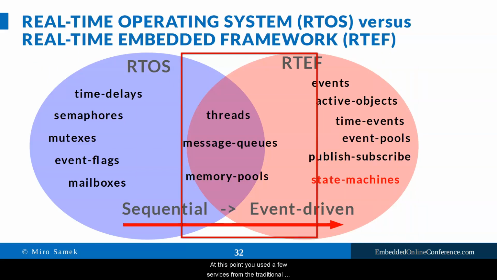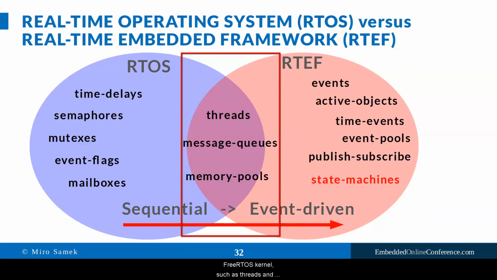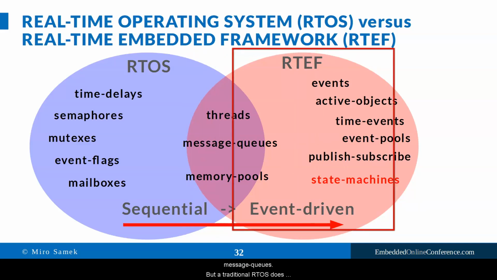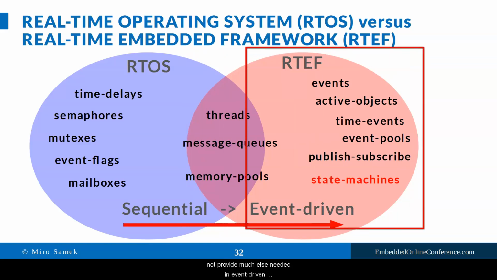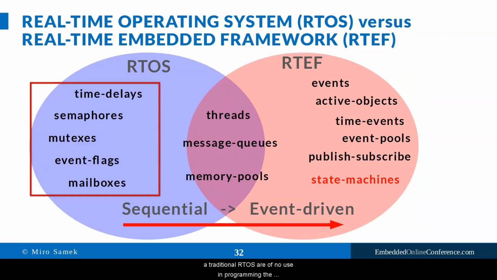At this point, you used a few services from the traditional FreeRTOS kernel, such as threads and message queues. But the traditional RTOS does not provide much else needed in event-driven programming, which you had to create yourself. At the same time, most mechanisms provided in a traditional RTOS are of no use in programming the event-driven active objects.